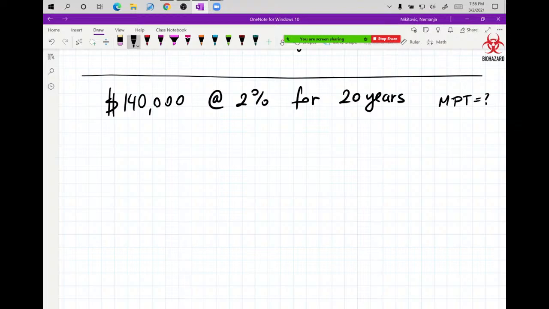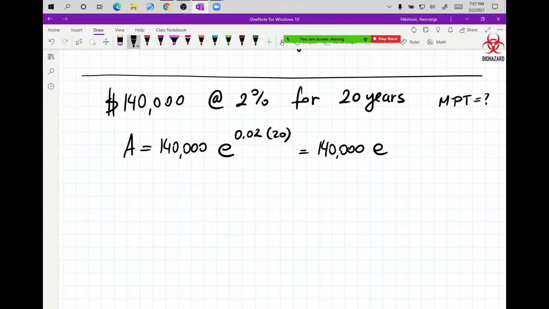Did anyone compute the monthly payment? Anyone?